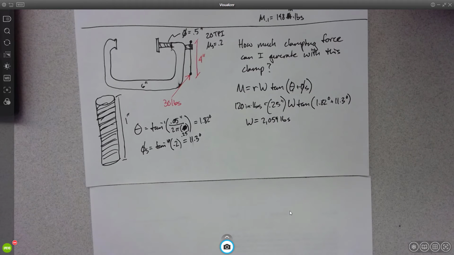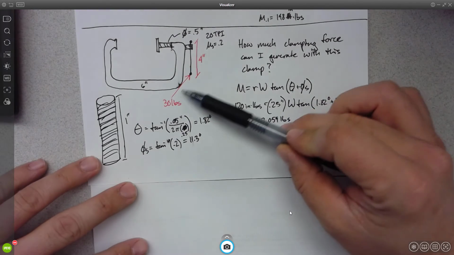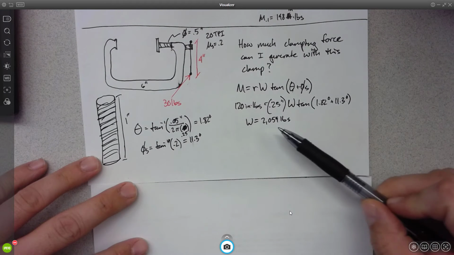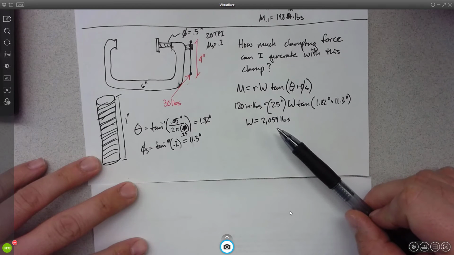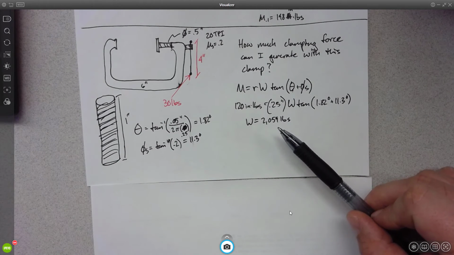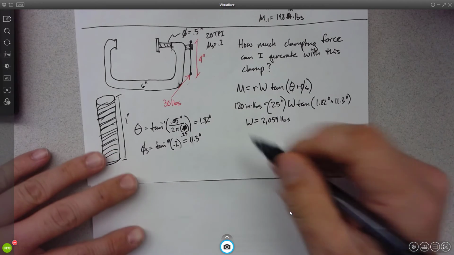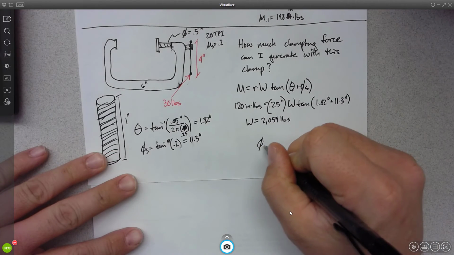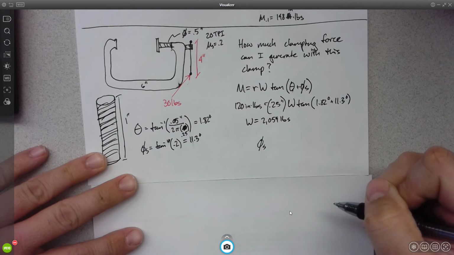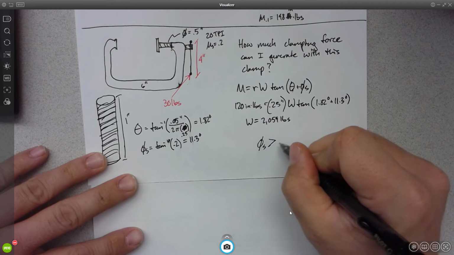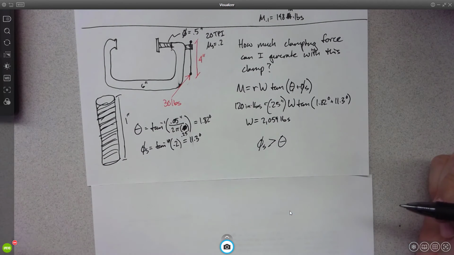It depends on if it's self-locking, right? So a self-locking screw is one that I can apply this 30 pounds of force and get my 2,059 pounds of clamping force, let go, and it doesn't unwind, right? When does that happen? Okay, that happens whenever the static angle of friction is greater than the ramp angle.